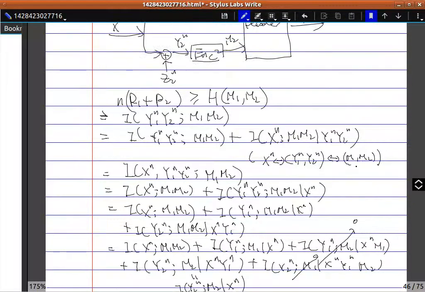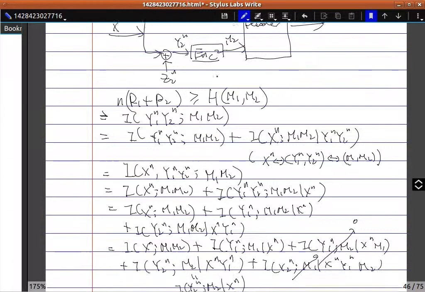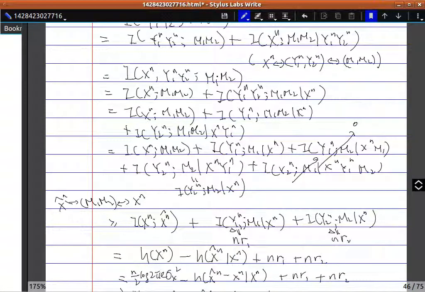For example, given x and m1, y1 and m2 will be conditionally independent. So I have only 3 terms left.